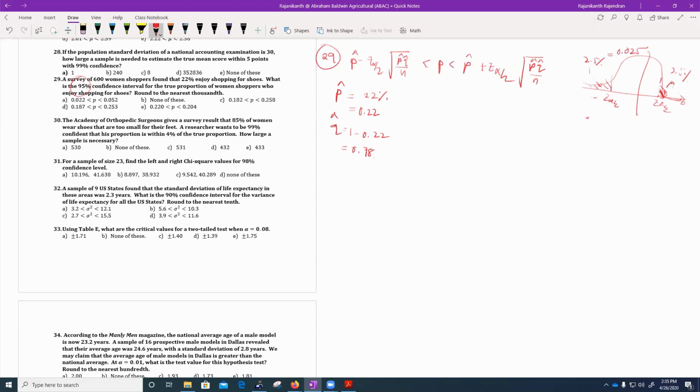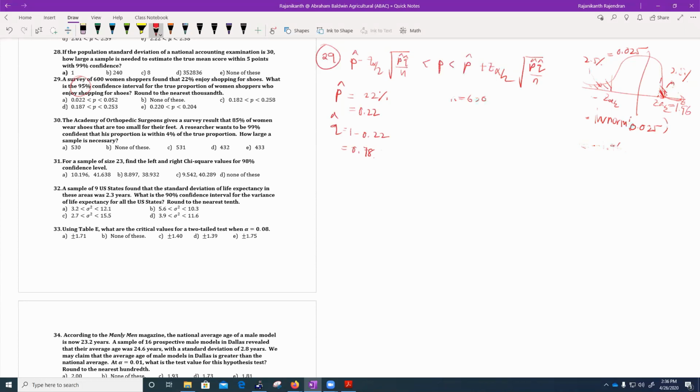Now find this value using inverse norm of 0.025. You should get negative 1.96, that is my negative z alpha over 2. Therefore, this side is 1.96. So we know z alpha over 2 and the little n, the sample size, is 600. Plugging all the values into your interval, you will get the answer.